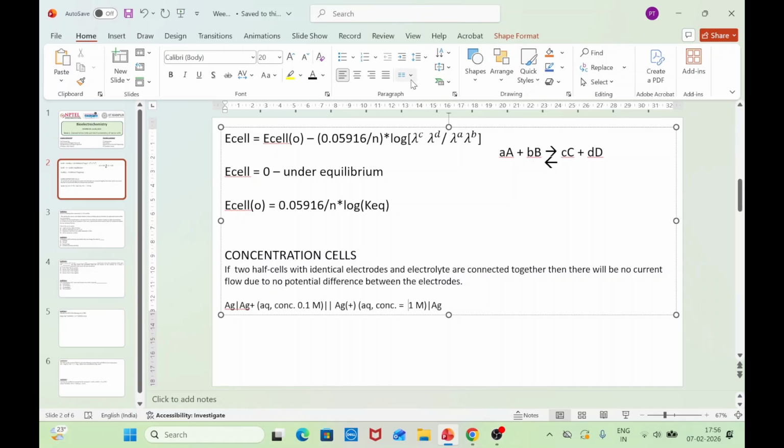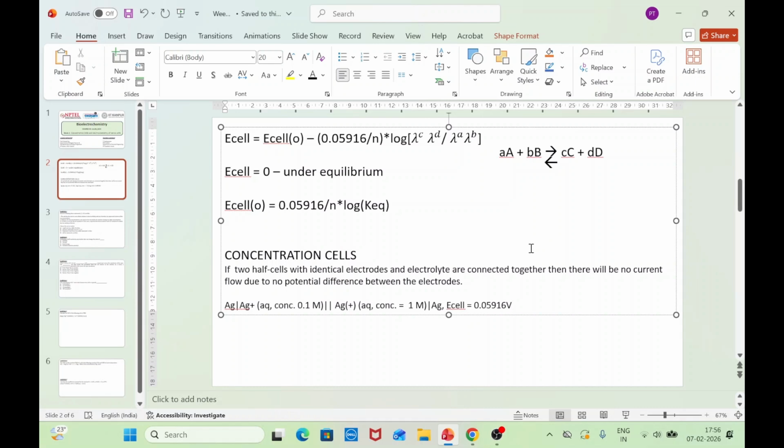So calculate, the value is supposed to come around E cell equals 0.05916 volt. So this will be the EMF of the cell that you will be able to derive using concentration cells.